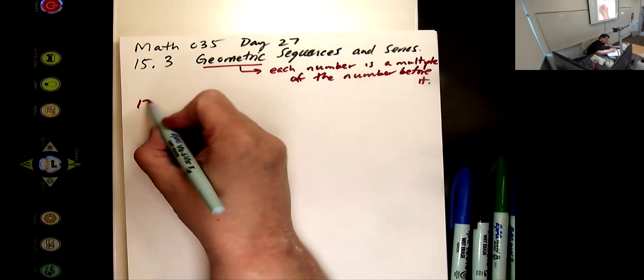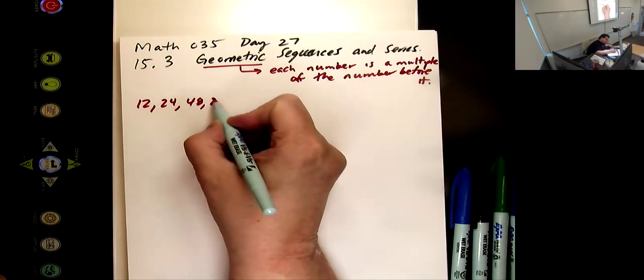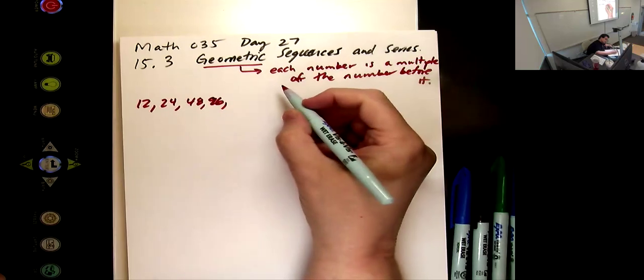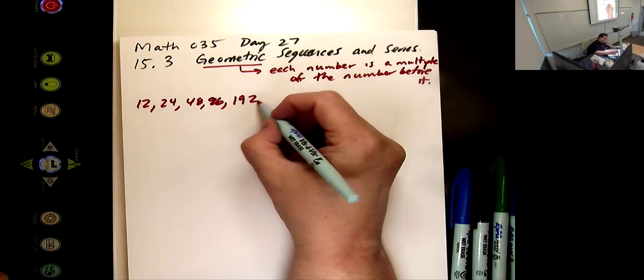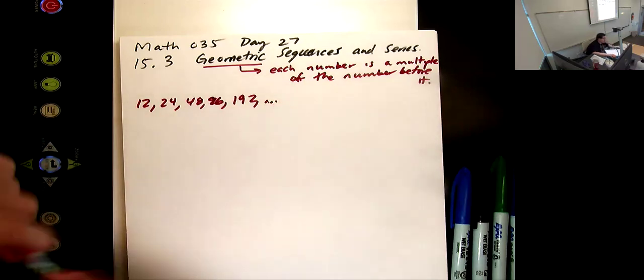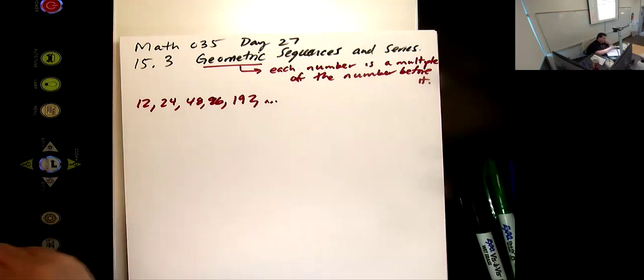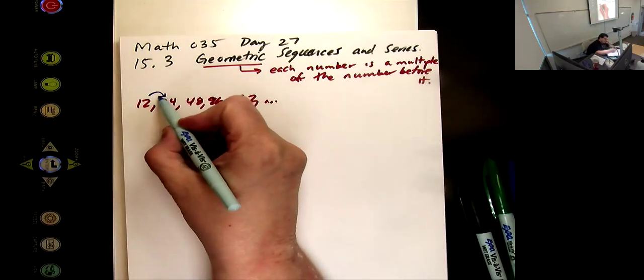So for example, 12, 24, 48, 96. Oh, 192, I think, is the next one. That's a geometric sequence, and here you can see we're multiplying by 2 each time.